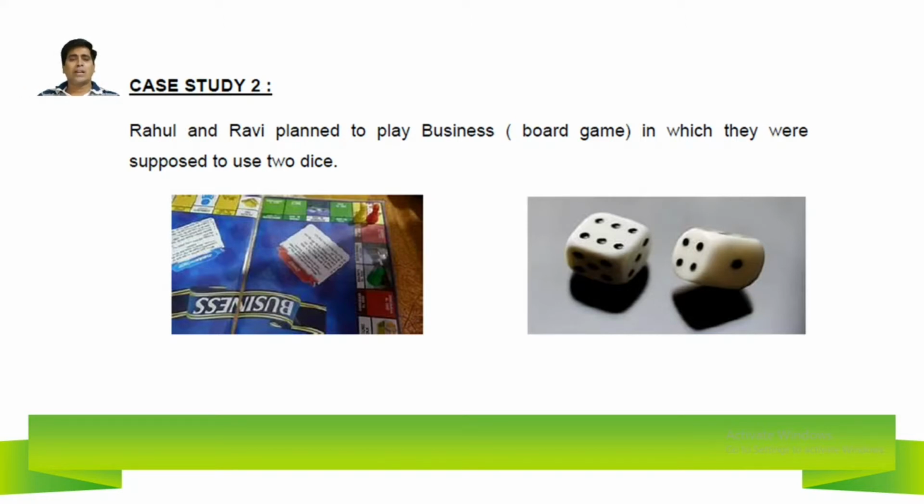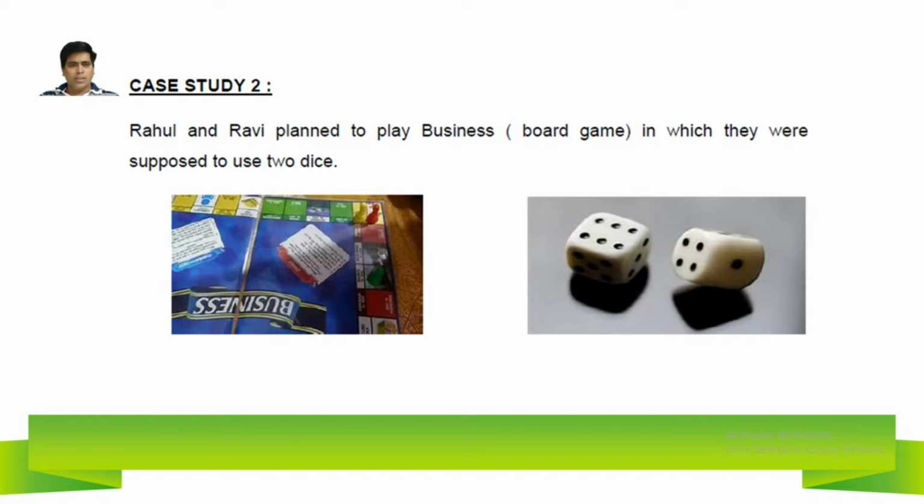They have to purchase, pay the penalties, pay the taxes, pay the rents, and take the rents from others. So all these kinds of business. So it's a board game, and for this they required 2 dice. So indirectly we got 2 dice again. It is linked to probability now.